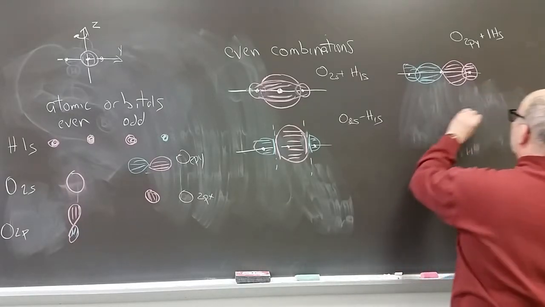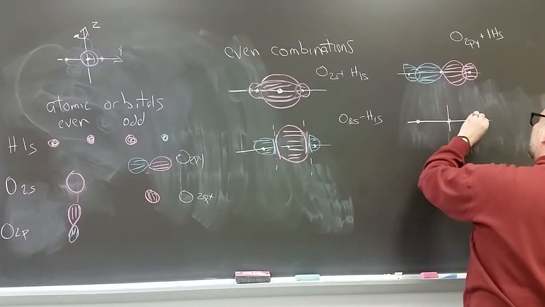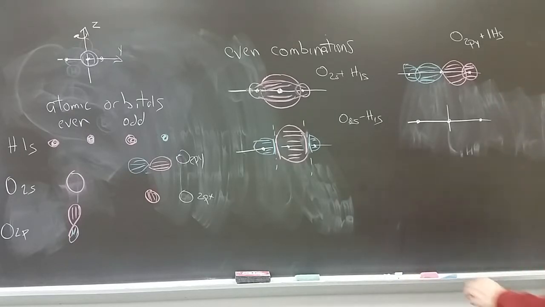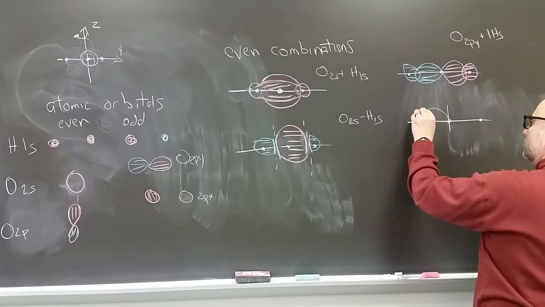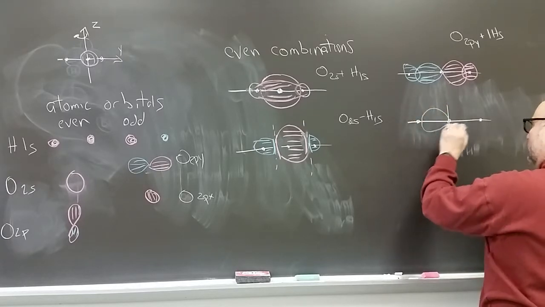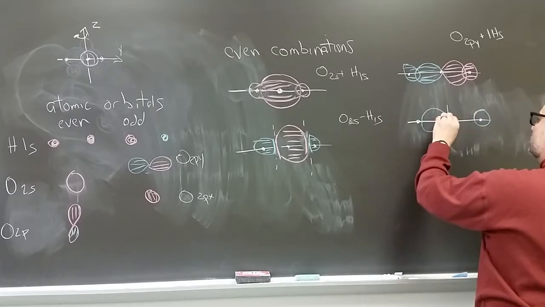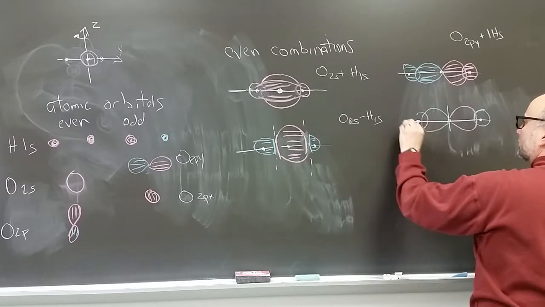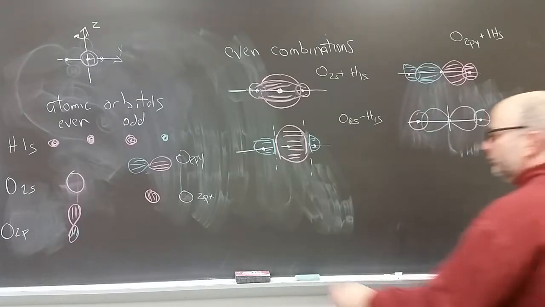And the other way that these could line up is if they were out of phase. So I'm going to keep the oxygen the same, but change the hydrogens. Now the overlap is of opposite color, opposite phase.